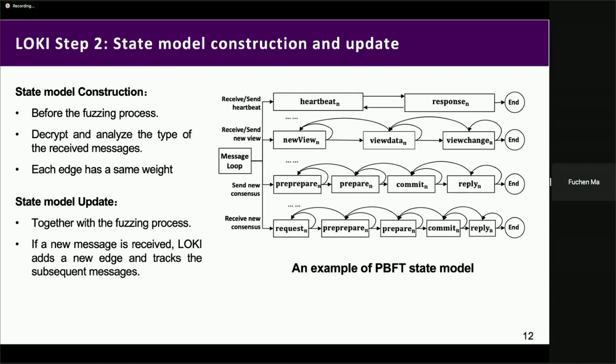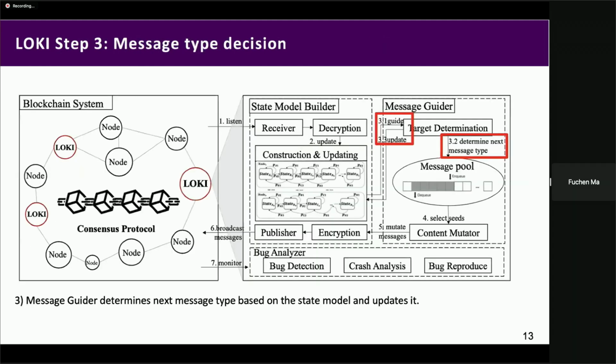Here is an example of the PPFT state model. We can see that LOKI first mines some heartbeat packets and corresponding responses. After that, LOKI hears some consensus packets, such as new view packets and prepare packets, and so on. LOKI will add these packets into the model and assign a new transfer edge to the corresponding nodes.